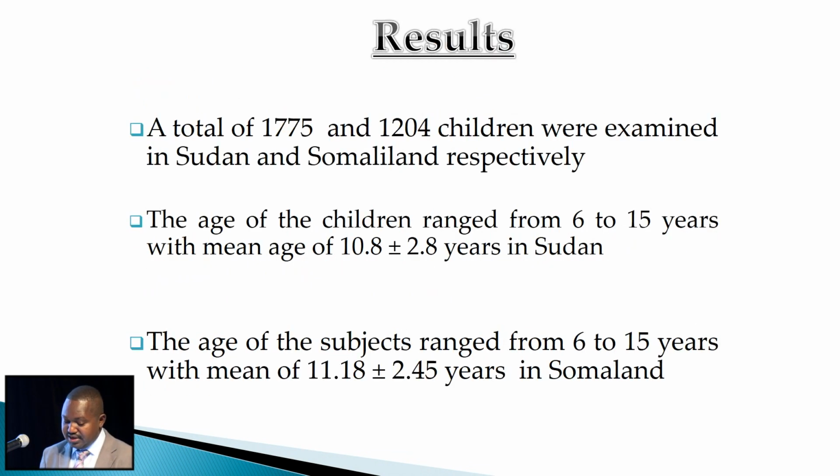The total sample of the study is 1,775 from Sudan and 1,204 from Somaliland. The age is from 6 to 15 years, but there is a small difference in mean and standard deviations.